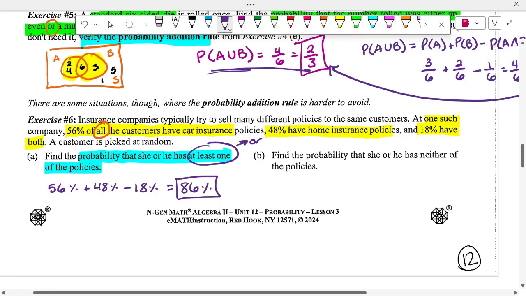Because remember, you can have insurance from a company and not have car insurance or home insurance from them. For example, home insurance is not the same thing as renter's insurance. When I was in college, my parents still paid for my car insurance, but I paid for my renter's insurance.